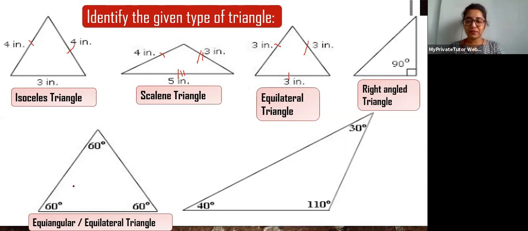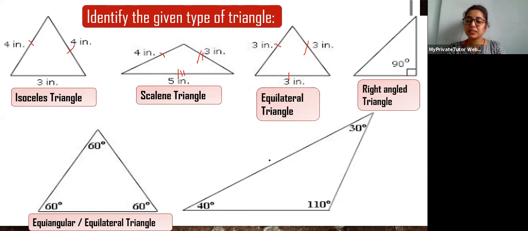Next, you can see that all of the angles are totally different, correct? So all of the angles are different and we don't know the measurements of the sides. You may think for a second that it can be a scalene triangle, but they didn't give us the measurement of the sides. So if the side measurement is not given, you cannot classify this on the basis of side.